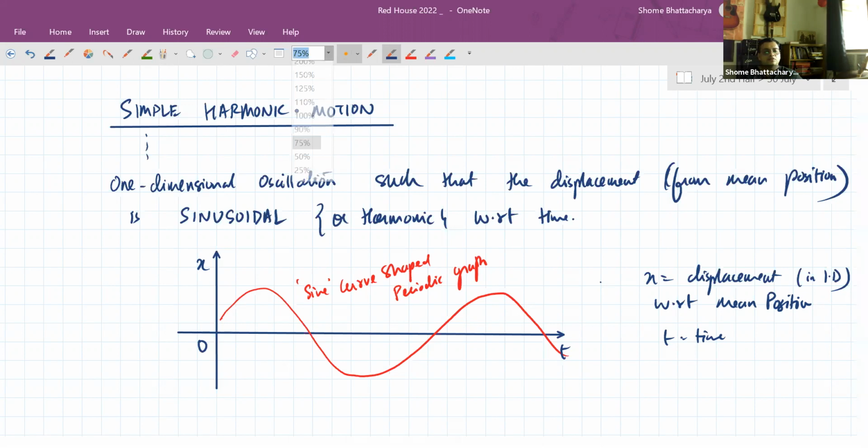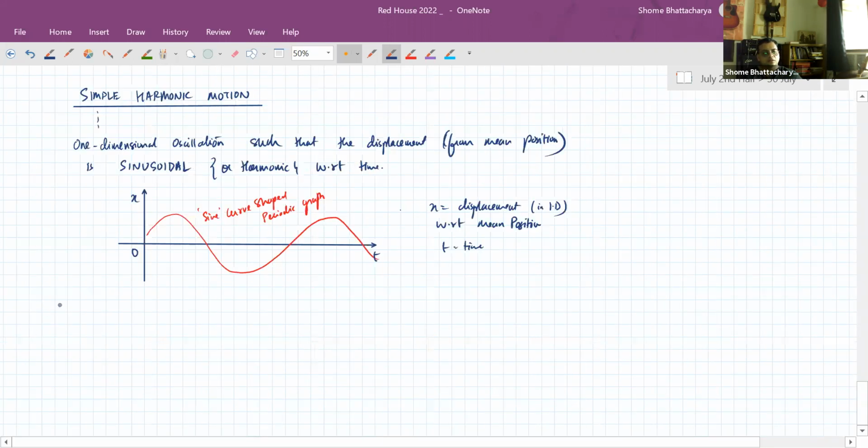So from that, we understand that the general equation of SHM becomes x is equal to some constant, which is called the amplitude, times a sine function.